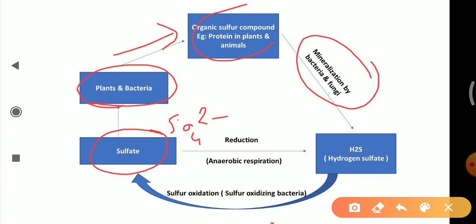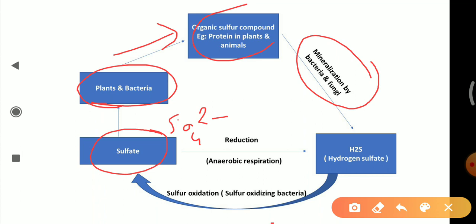Again I am repeating. Sulfate is utilized by plants and bacteria and converted into the organic form, the protein in plants and animals. The plant is consumed by the animal, converting it into organic sulfur compounds. After death and decay, this results in mineralization done by bacteria, which convert the organic form into a simple form.